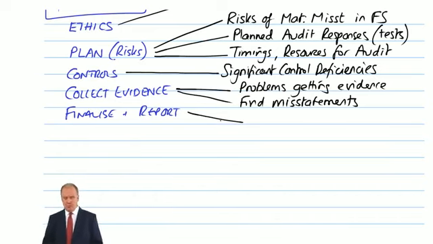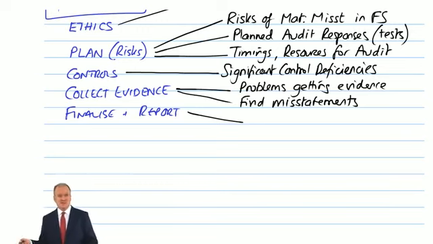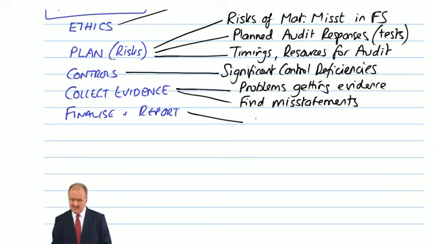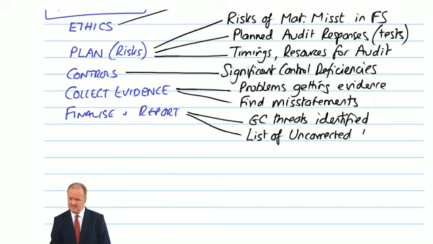Finalisation and reporting. Well, at the finalisation stage, we're doing all sorts of interesting stuff. We're assessing the company's going concern. So I suppose any going concern threats that we've identified. I would want to talk the audit committee through the list of uncorrected mistakes.